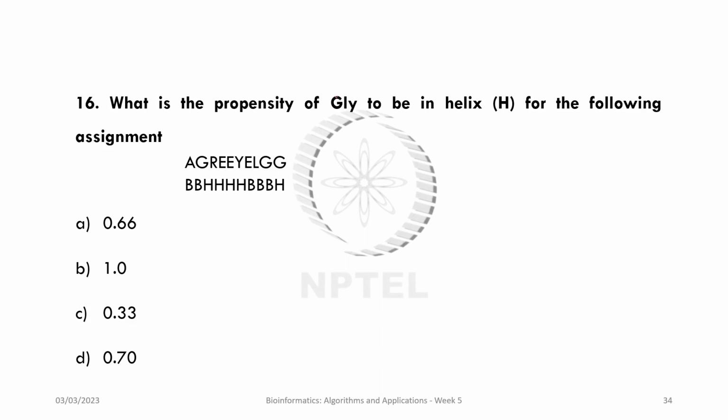Okay. What is the propensity of glycine to be in helix H for the following assignment? How do you calculate this? That's already Kritika will do now.